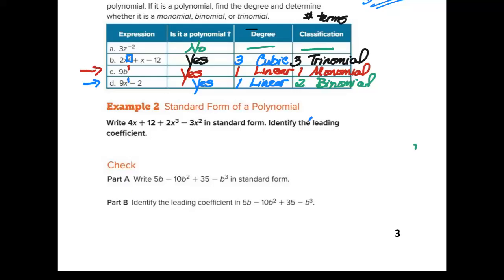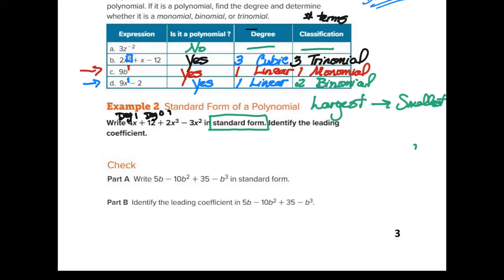All right. Example 2, standard form of a polynomial. Standard form, you want to write from the largest degree to the smallest degree. So for this example, 4x plus 12 plus 2x to the third minus 3x squared in standard form, I know that this first term has a degree of 1. I know that my constant has a degree of 0.